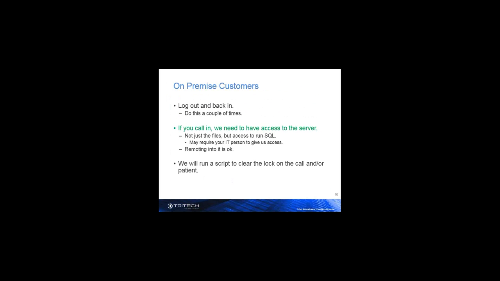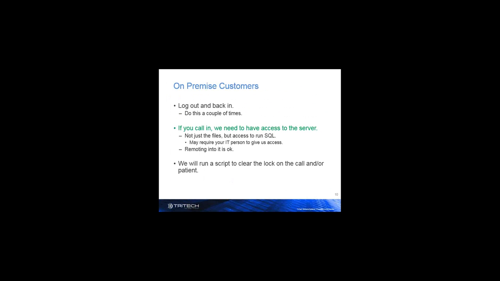Also, we need to be able to get onto your server, not just through searching for files, but we have to be able to get on the server to run a SQL script to unlock the call. This may require your IT person so that we have access.